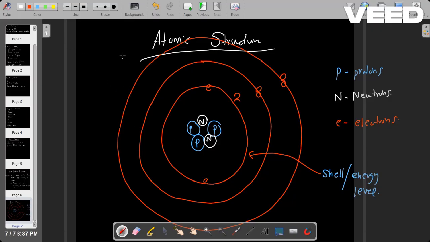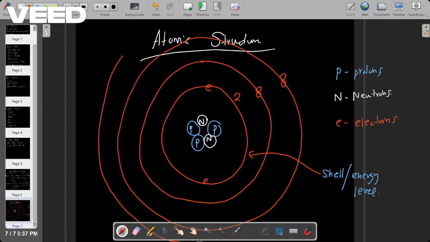The fourth one, you don't need to learn the maximum number, because you are learning up to 20 elements. The 20th element has another two electrons in the outer shell, orbiting around.